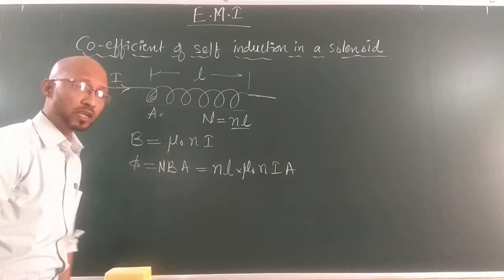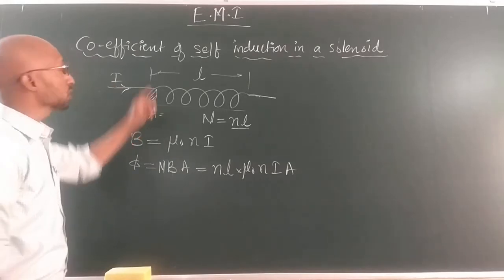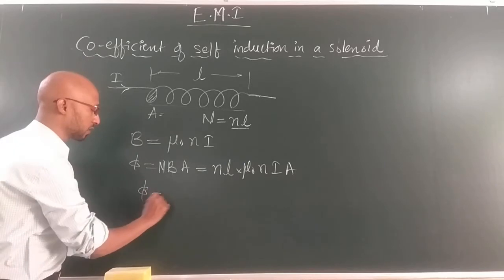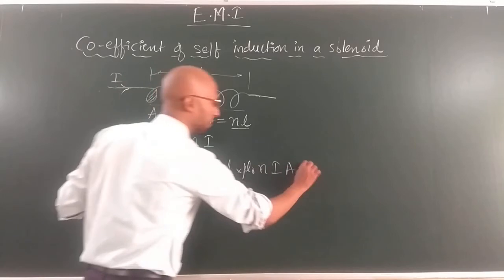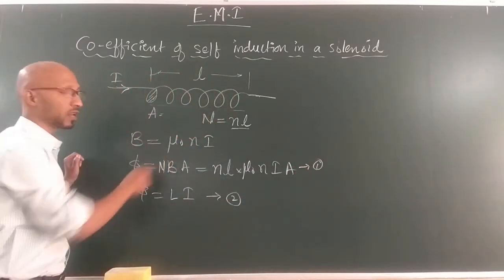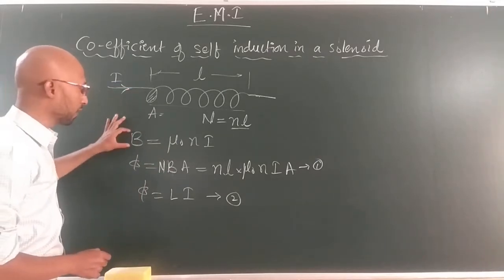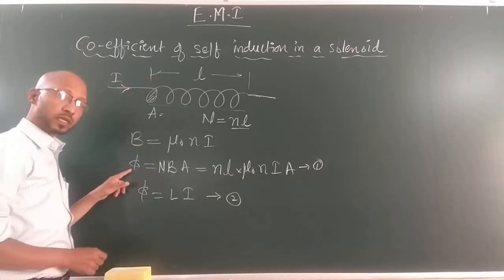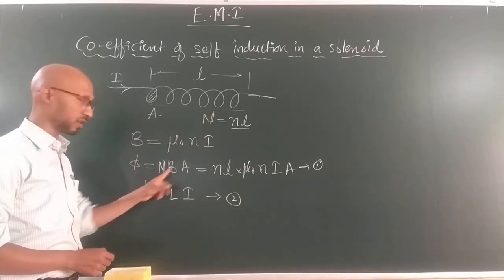Now according to the definition of self-inductance, the magnetic flux is given by L into I. Now equate equation number 1 and equation number 2. In theory, we have to write that the magnetic field produced in a solenoid when a current I flows through it is this; the magnetic flux linked with the total solenoid for N turns will be this.